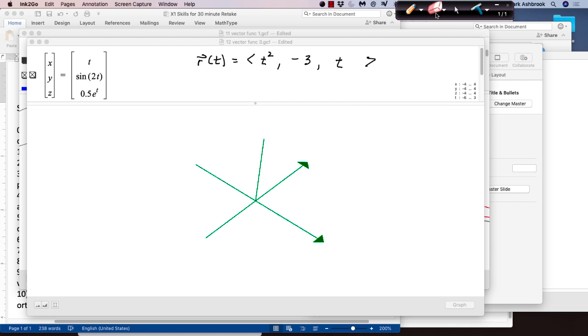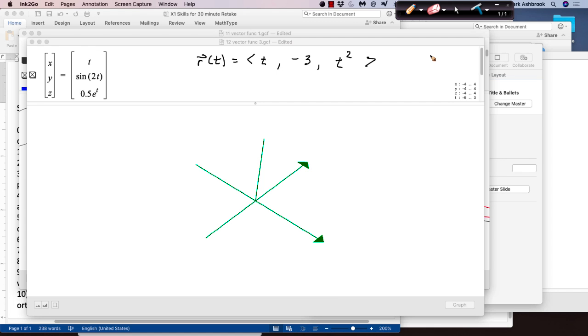Or let's change that: let's make that t and this t squared. Okay, let's see if we can sketch this without any technology. Let's see if we can figure out what this looks like. Technology is not a replacement for your brain, though, so we want to exercise our brain. On easy ones like this, we should be able to figure it out and put it together.